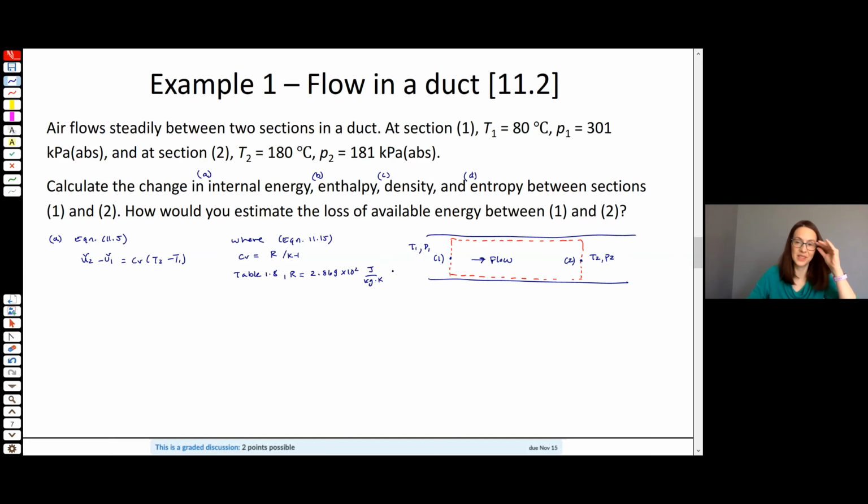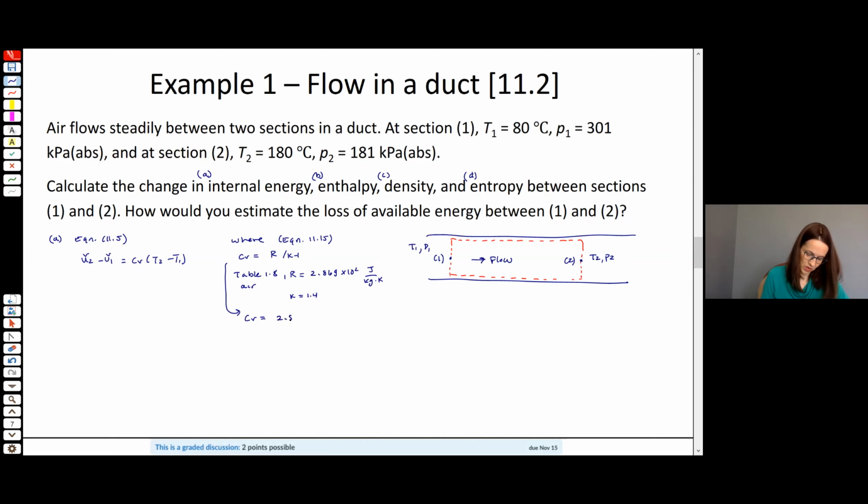If you remember, kelvins are our absolute temperature scale in SI units. It also tells us that K is equal to 1.4 for air. Right, so now we can go ahead and calculate CV.